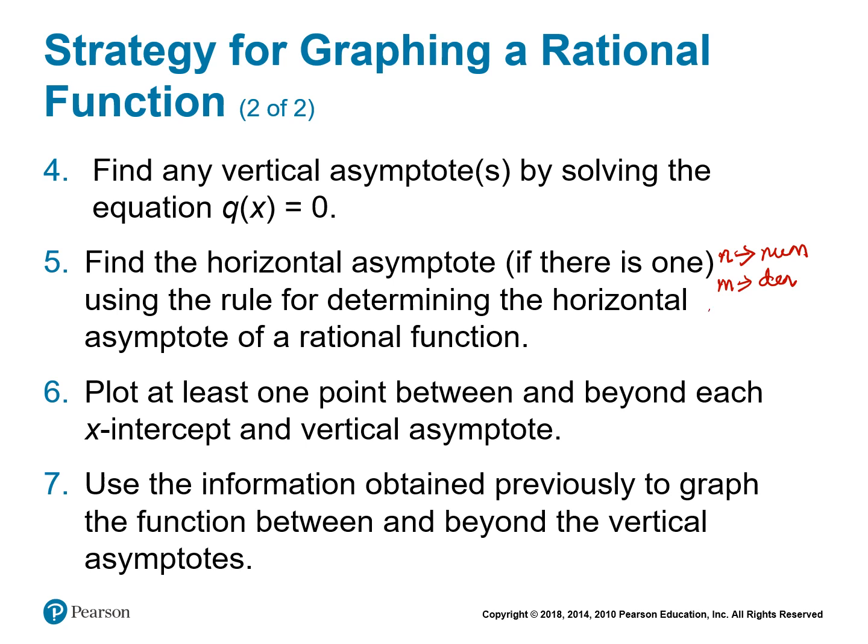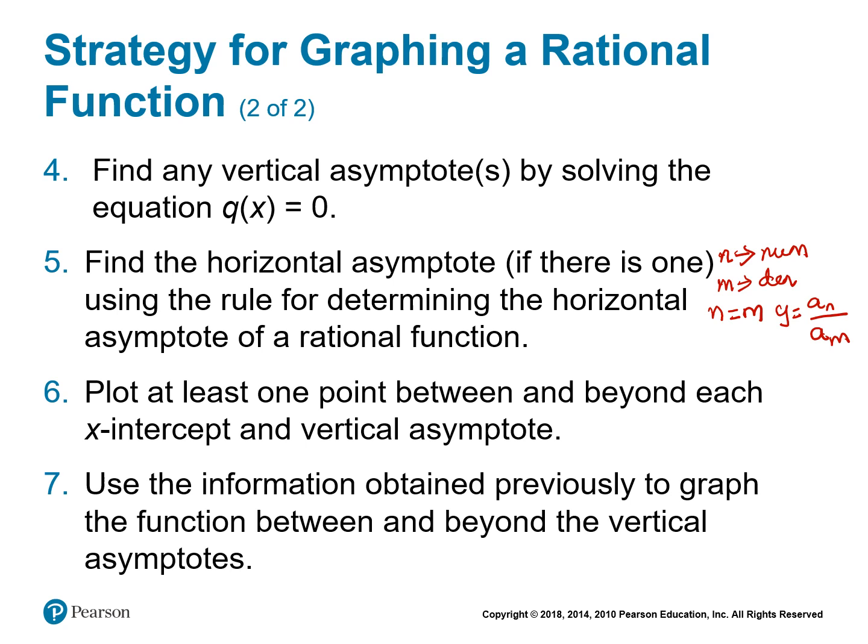All right, so if n equals m, if they are the same, then the horizontal asymptote will be at y equals the coefficient of the leading terms, a sub n divided by b sub m.